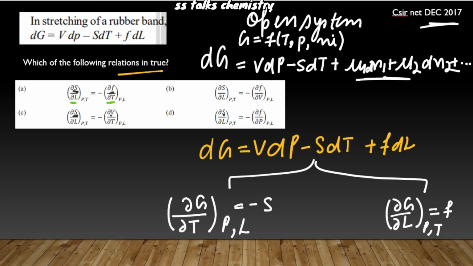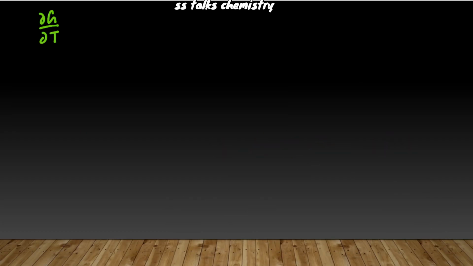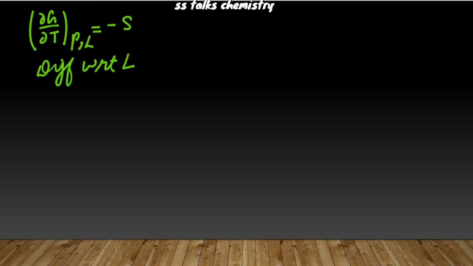Here we have del G by del T at constant P and L, equal to minus S. Differentiate this with respect to the L value now, because we need del S by del L, at constant P and T.